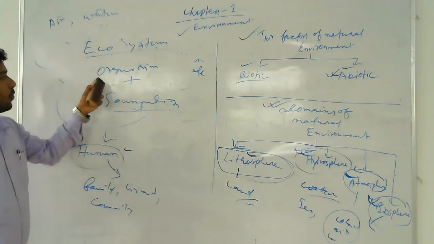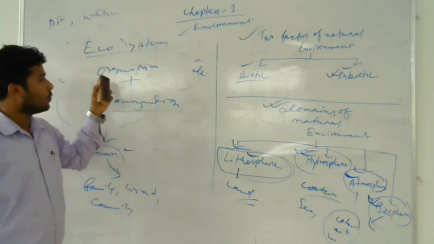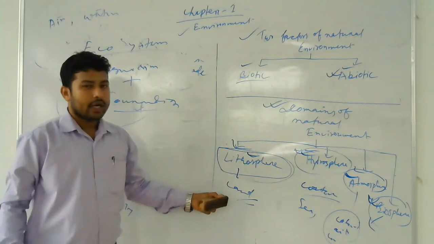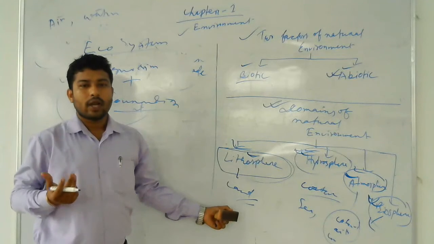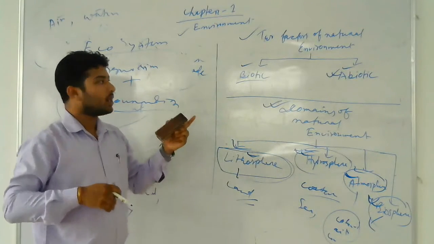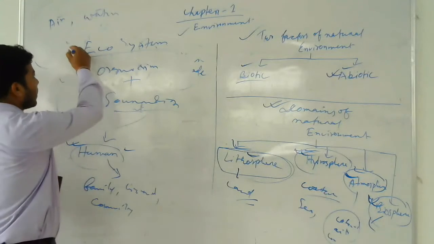The relationship between organism and the surroundings is known as the ecosystem. In the ecosystem, the living organisms, animals, plants, all are living, and there is a relation between the organisms and the surroundings, all known as the ecosystem.